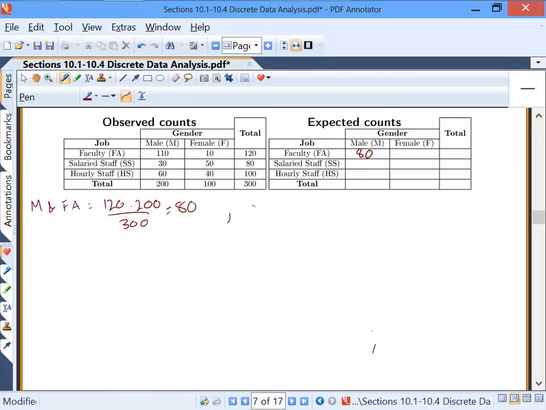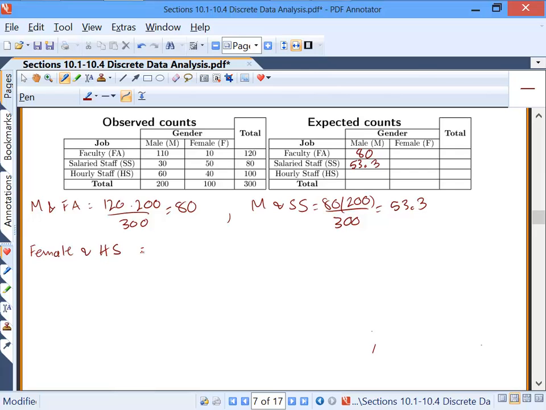Let's try and do the male and salaried staff. Okay, the expected count for males and salaried staff. So salaried staff, the row total is 80 times the column total of 200 divided by my grand total of 300 gives me 53.3. What if I wanted female and hourly staff for my expected count?